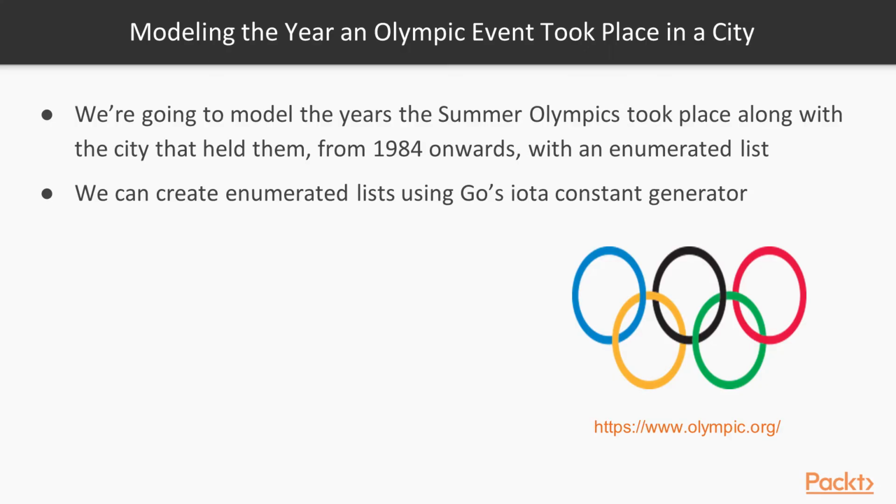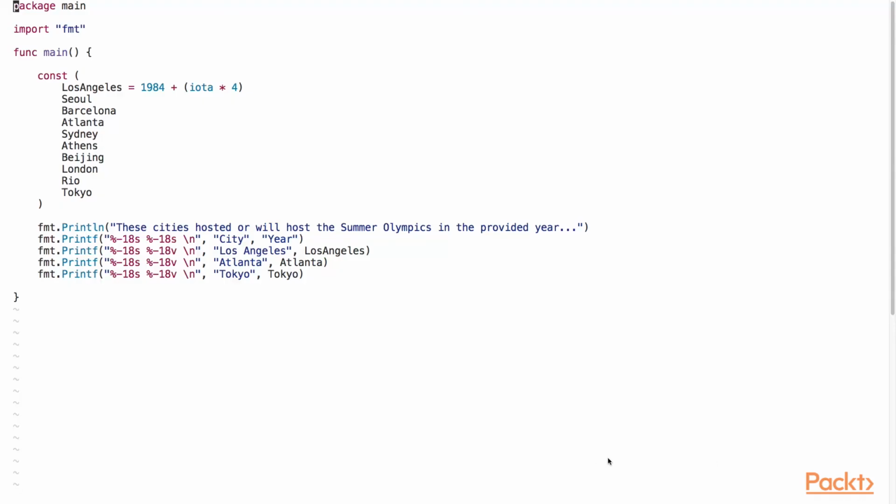Let's take a look at a more sophisticated example where we use the iota constant generator to model the year the Summer Olympics took place at a particular city. We'll start from the year 1984, where the Olympics took place in my hometown. Let's open up the Olympics LA Onwards.go source file.